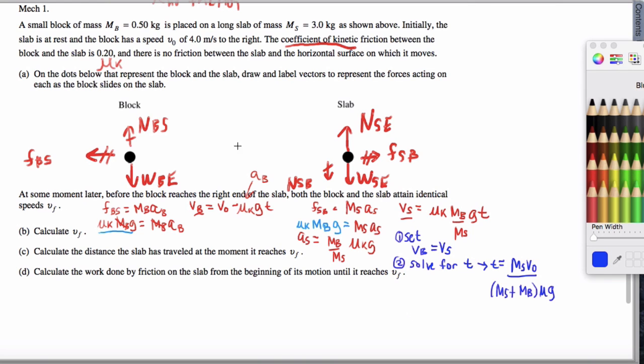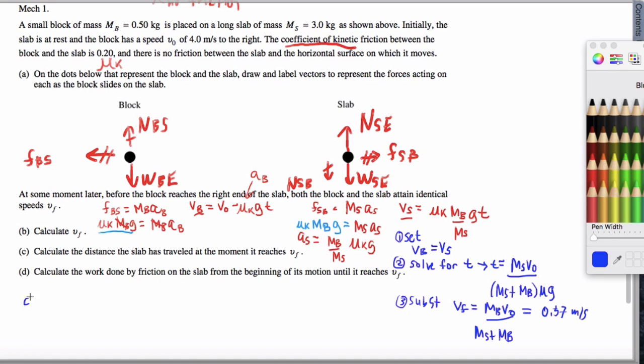And then when you substitute that, you're going to get that v final is mass of the block times v naught over ms plus mb. If you're plugging in numbers, you're going to get 0.57 meters per second. So all of this is part B.